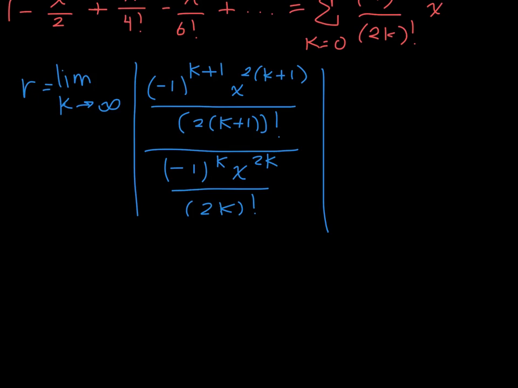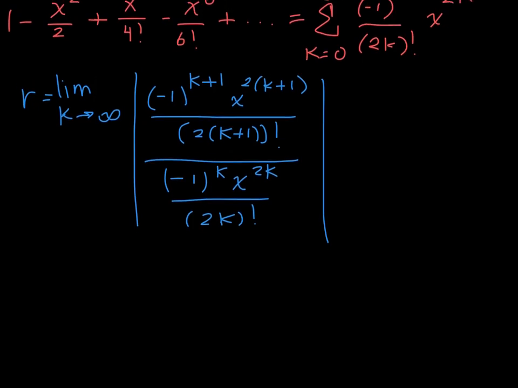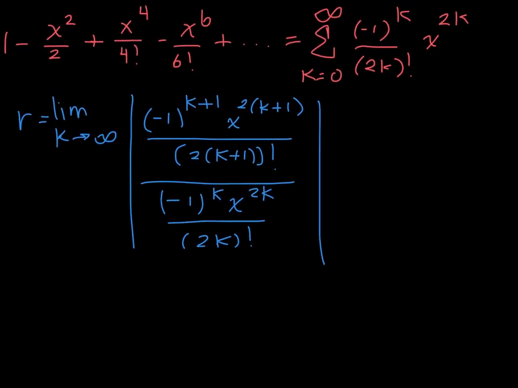Be careful here. Let me scroll back up. You're letting k be k plus 1 for the ratio test, but it's 2 times k plus 1. So just be careful with your grouping symbols. It's not 2 times k and then plus 1. No, it's 2 times the quantity k plus 1. That's a huge difference.